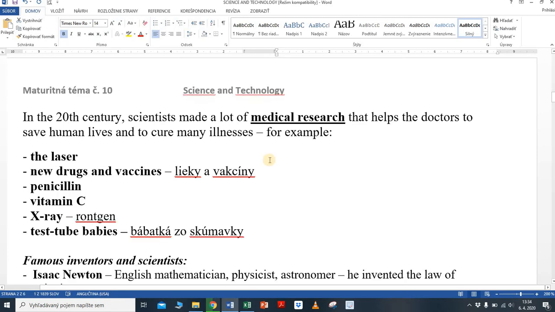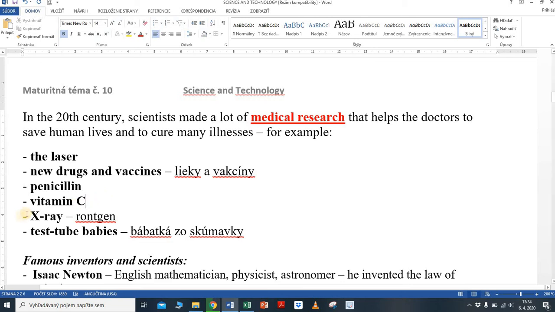When scrolling down, medical research has overcome tremendous changes since the 20th century up to this day. Let's mention laser, new drugs, vaccines like penicillin, or the support of various vitamins production. These help people to live longer.